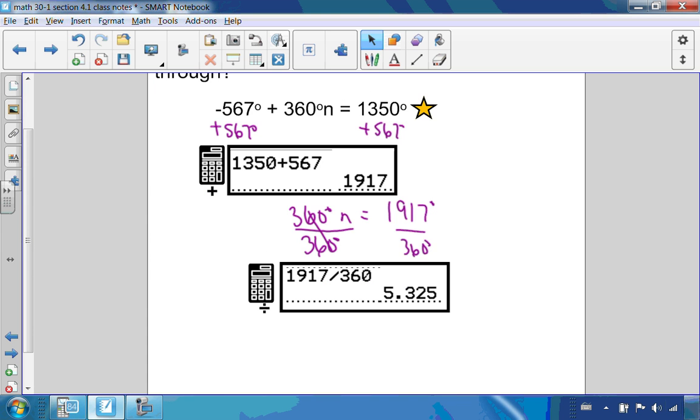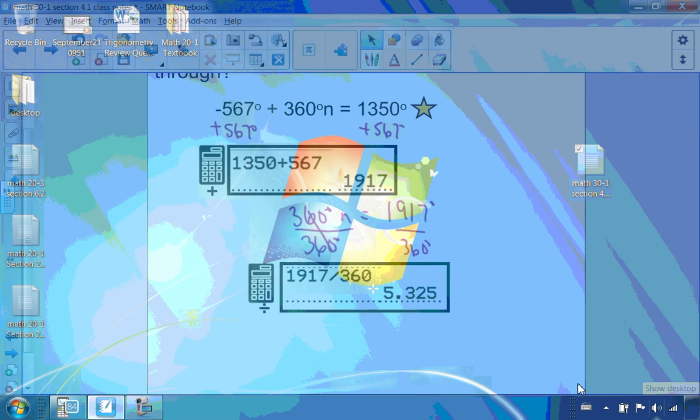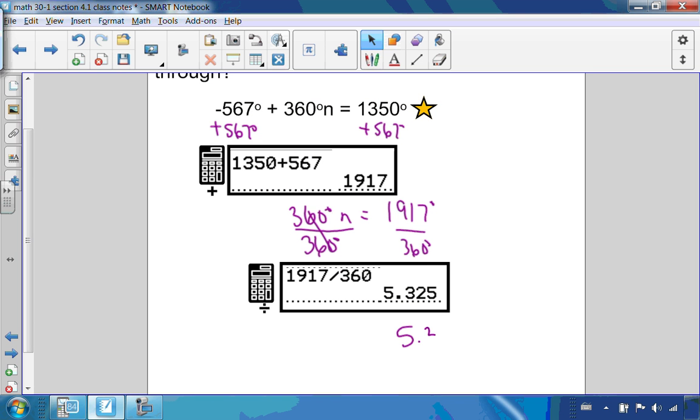So to me, it has gone through 5.325 rotations, so 5 rotations and a bit, or you could round it up, but I would actually leave it as 5.325 because technically if I did 5 rotations I haven't reached it, and if I did 6 rotations I also haven't reached it. So since I want to reach it exactly, I will leave it at 5.325.